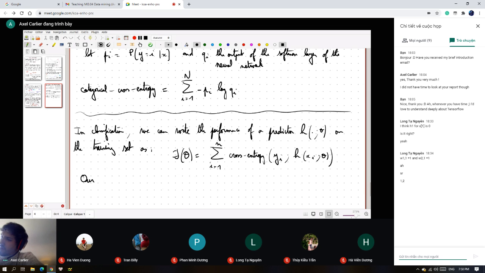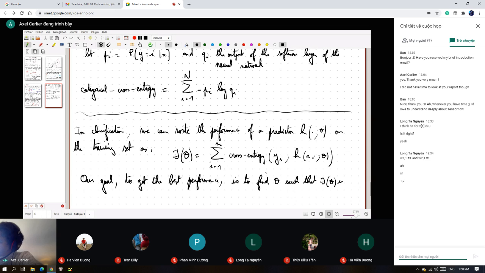Our goal to get the best performance is to find theta such that J of theta is minimum. And we use gradient descent.